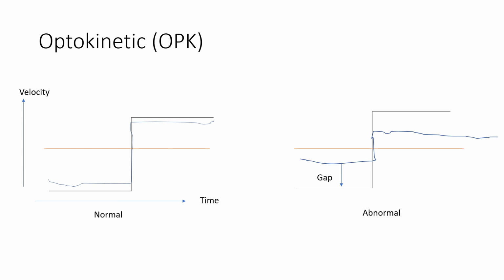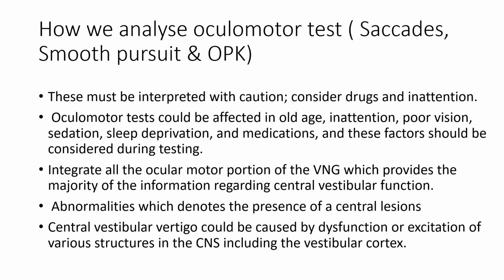It is normal when the response has a minimal gap with the gain on both sides, left and right. But for abnormal tracing, there is a large gap from the normal gain line. That's all about the subtests of the oculomotor testing: saccades, smooth pursuit, and optokinetics.